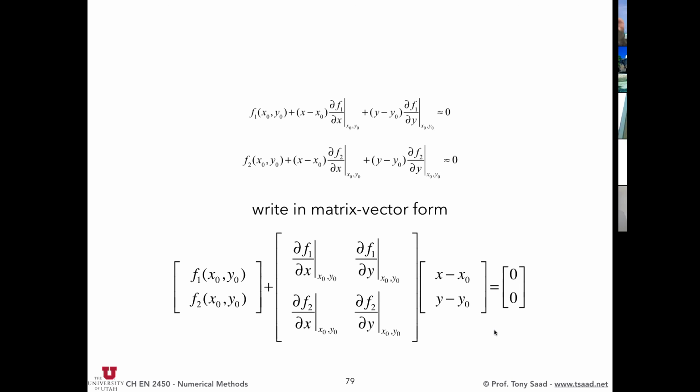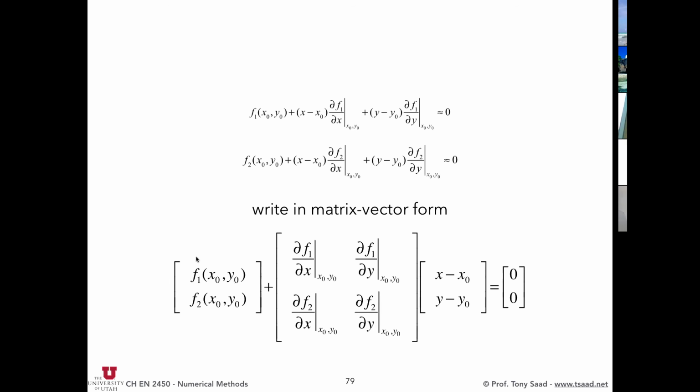Now, I want you to visually verify that this actually gives you the system of equations written above the matrix vector form. So start with the first equation. You get f1. Can you see my cursor? Yeah. So you get f1 at x naught, y naught. That's the first term over here. Okay, so maybe I'll get the annotator. I'm going to draw.